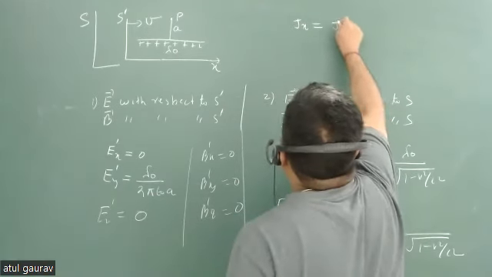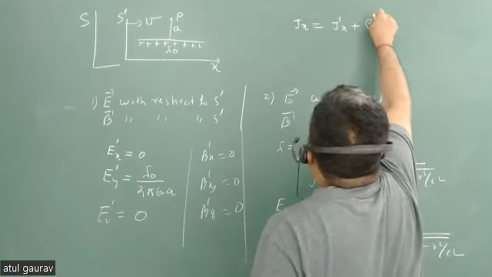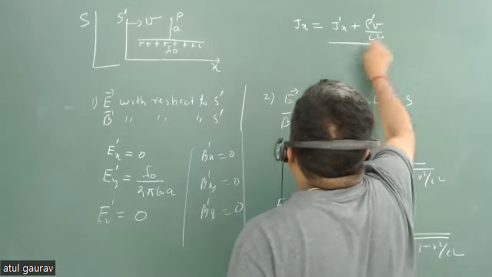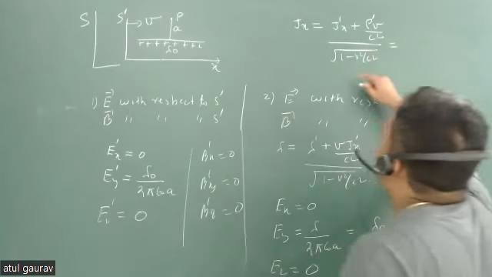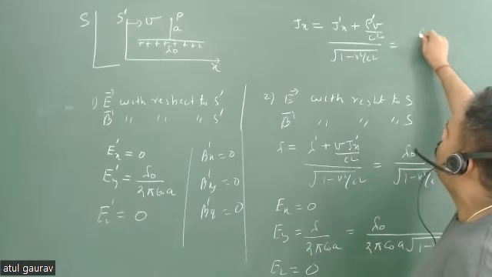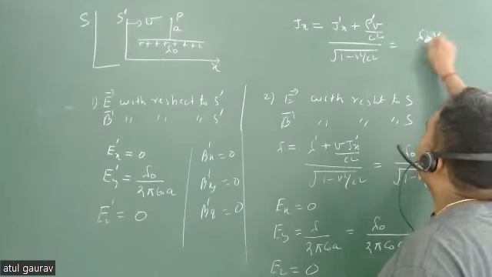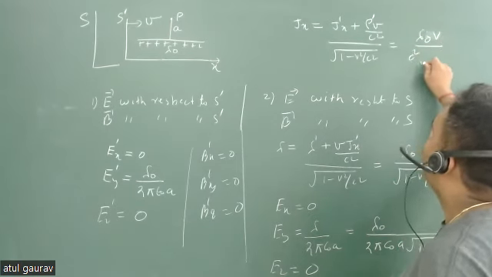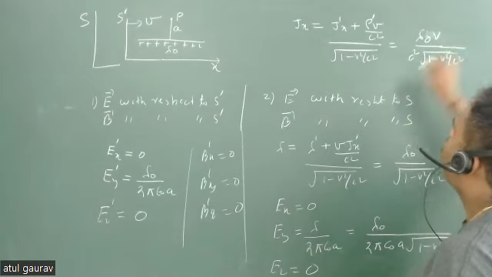Your current density is Jx dash plus rho dash v upon c square root under 1 minus v square upon c square. And this Jx dash is equal to 0, but rho dash is equal to lambda. So you have lambda naught v upon c square 1 minus v square upon c square.